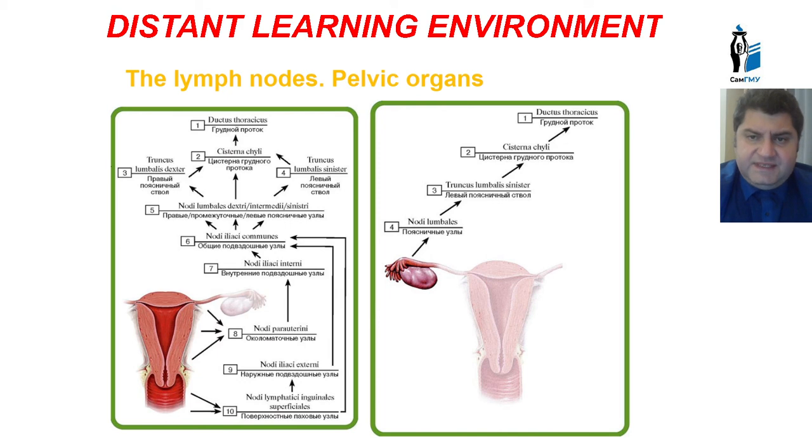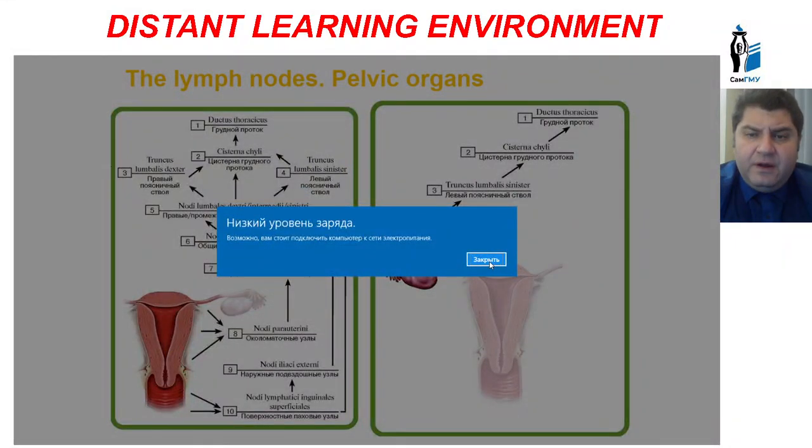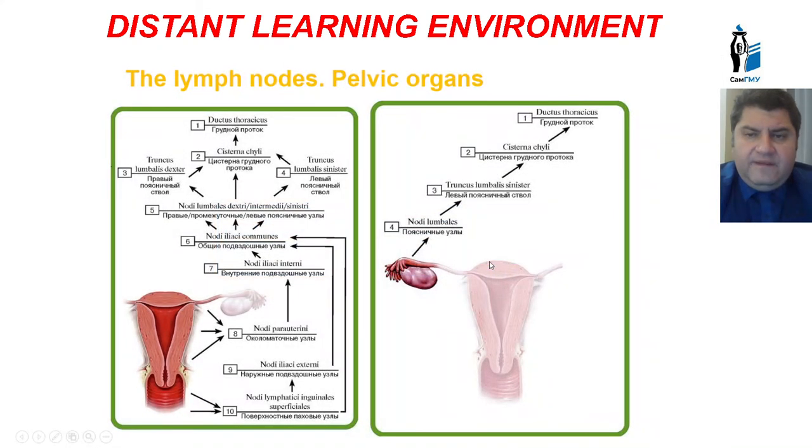And also you may see the same pathway from the ovary at the right picture. It passes to the lumbalis sinister trunk, and next it passes to the thoracic duct.